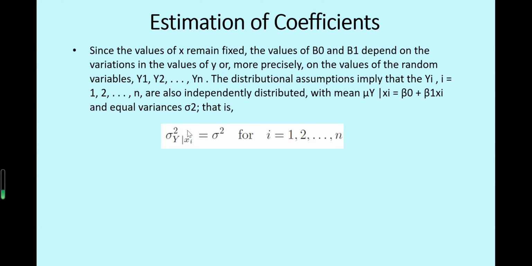So y has a variance. The variance of y given xi equals sigma square. This sigma square is actually the error term's variance.